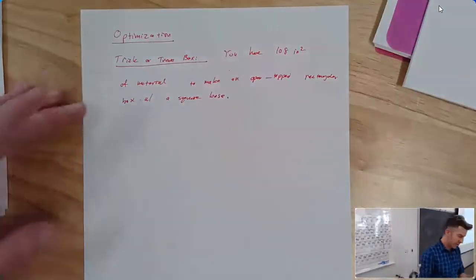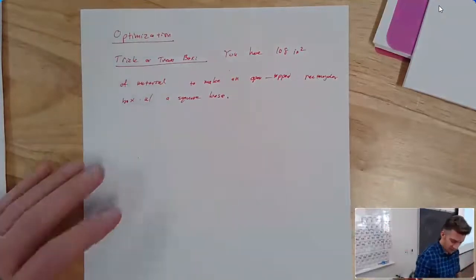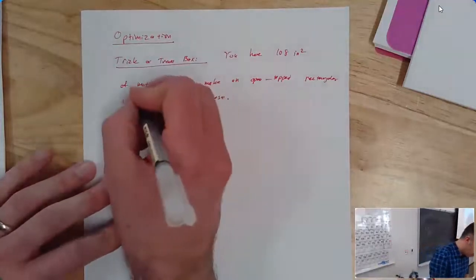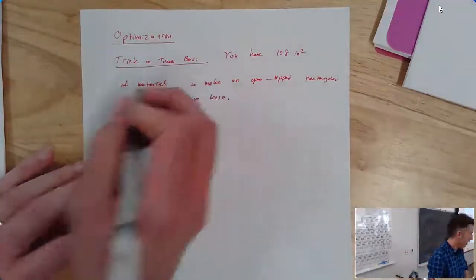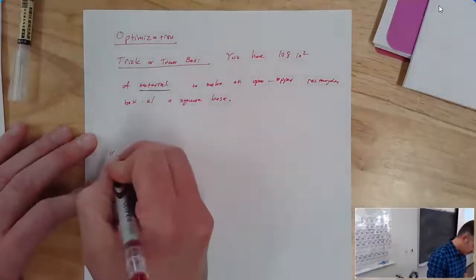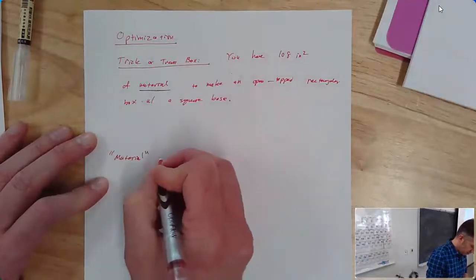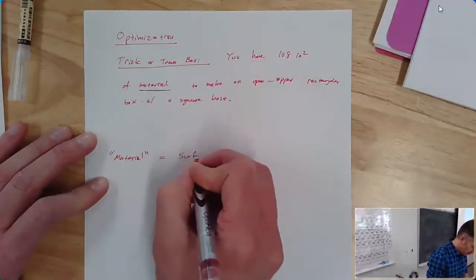And when I say you have 108 square inches of material, what I really should be saying is we're going to make a box that doesn't have a top, and the most amount of surface area it can have is 108 square inches. So typically, when someone says the word material in the construction of a box or a cylinder or whatever, what they really mean is surface area.